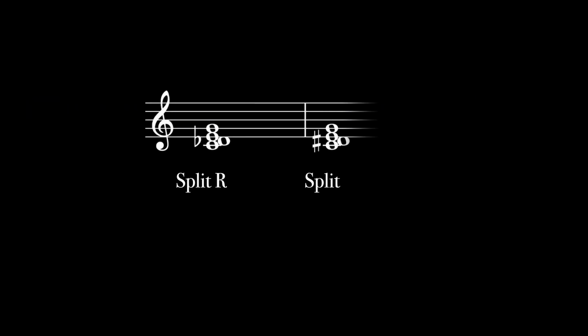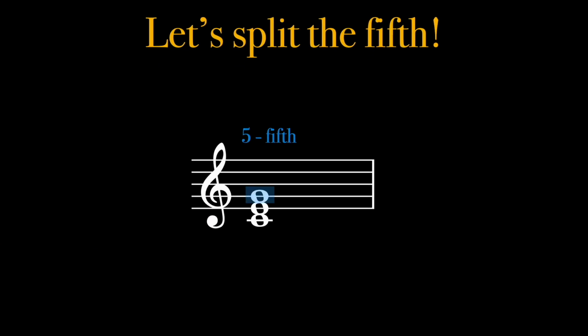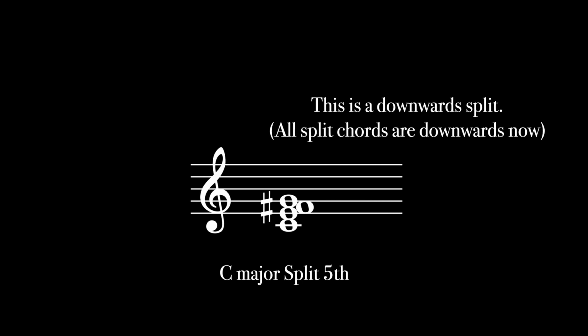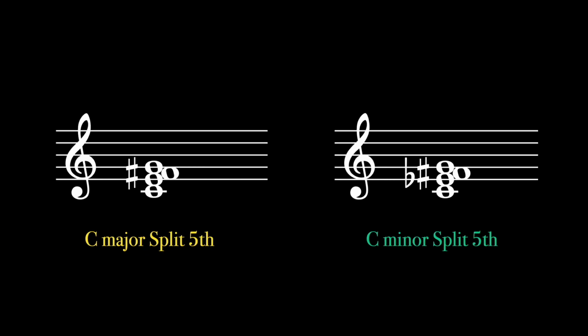We split the root, we split the third, let's split the fifth. If we split the fifth downwards, we get a split fifth chord. Note that all but the root note are downward splits. Fun fact, the minor split fifth is my favorite chord.